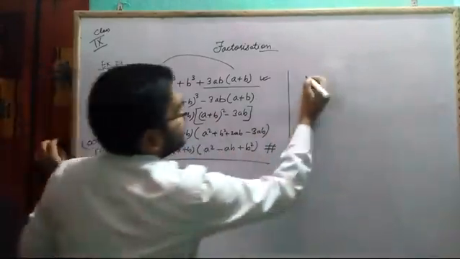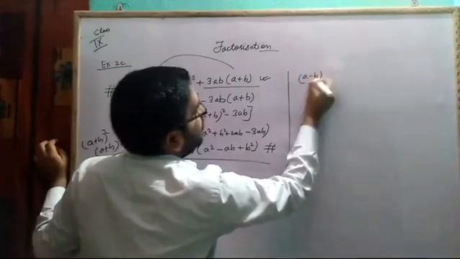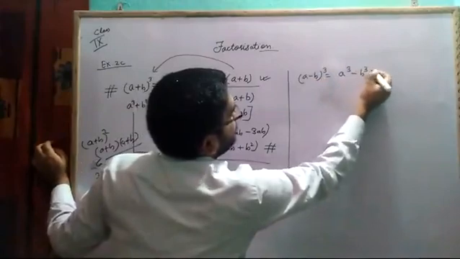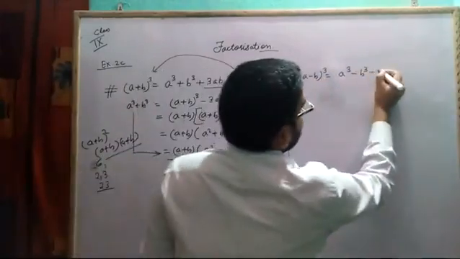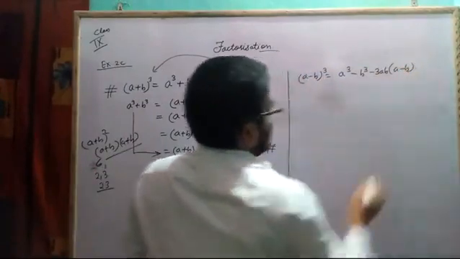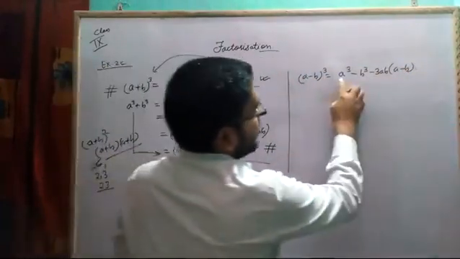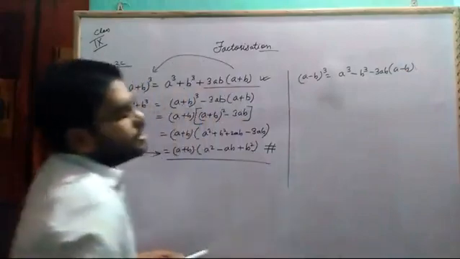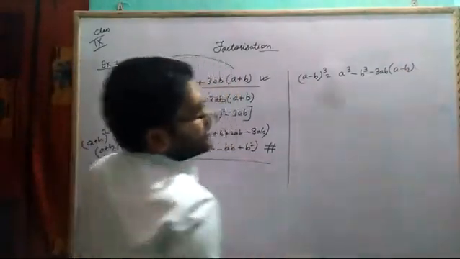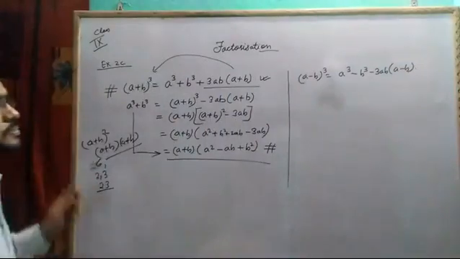The second set of formula is (a minus b) whole cube, which is equal to a cube minus b cube minus 3ab (a minus b). If we expand this, we will get a cube minus b cube minus 3 into a square b plus 3b square. Correct.